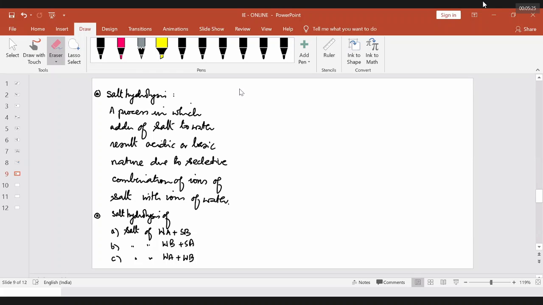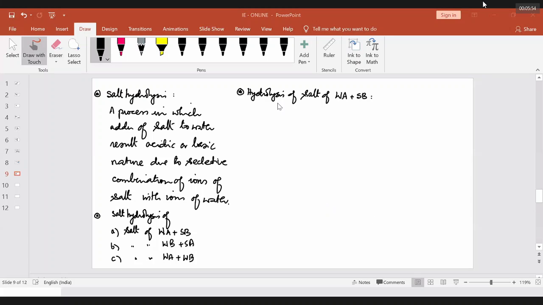Come on, case number 1, hydrolysis of salt of weak acid and strong base. How to proceed with that? The steps are like this.